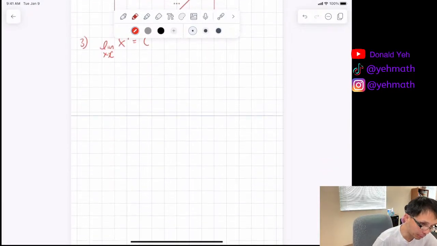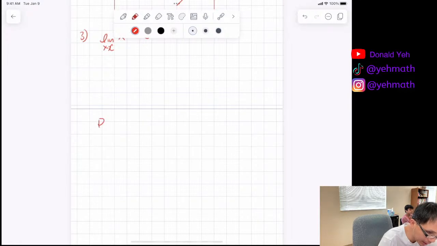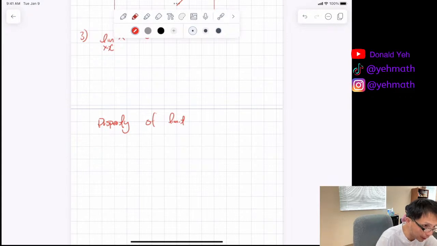Now I'm going to talk about properties of limits. Now this one is, I would say, pretty intuitive. What I mean by intuitive: just assume that there is a function f of x and there is a function g of x.